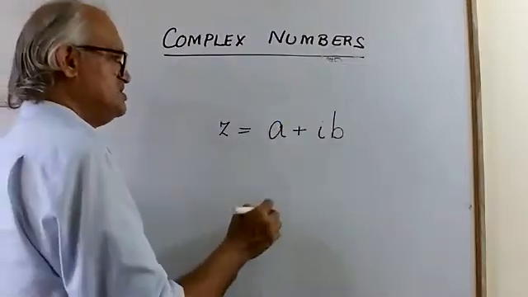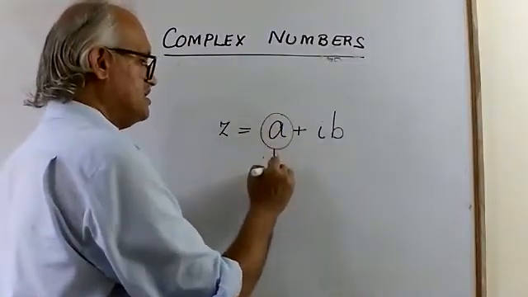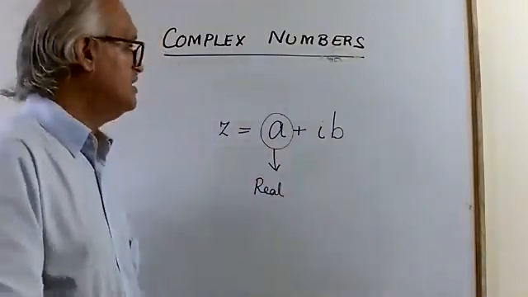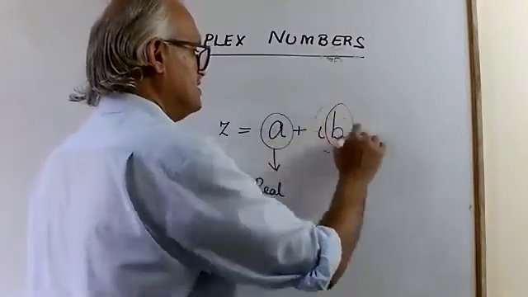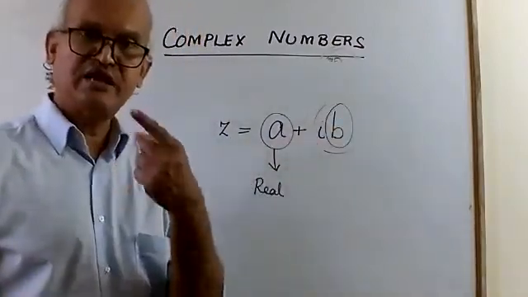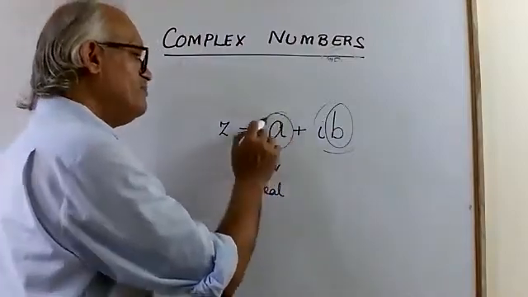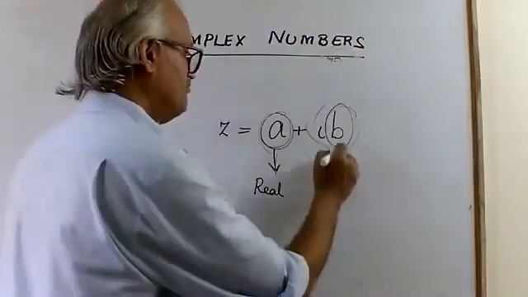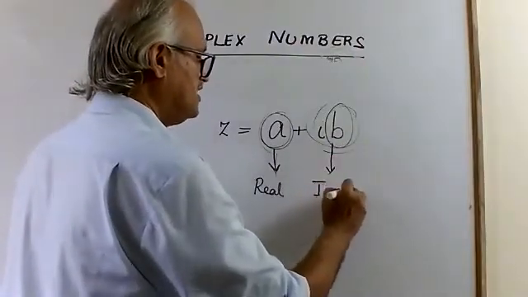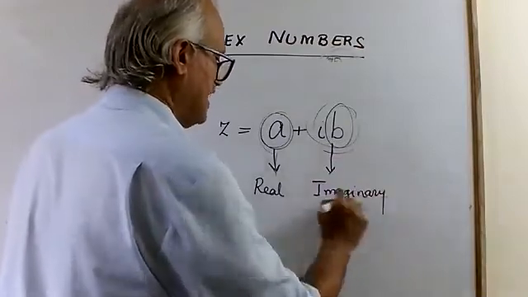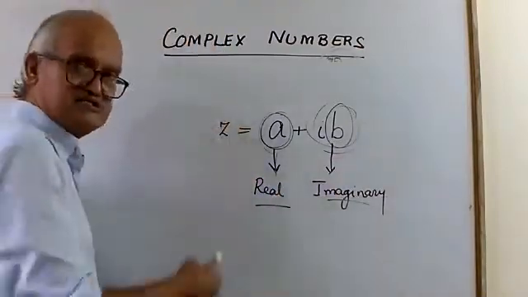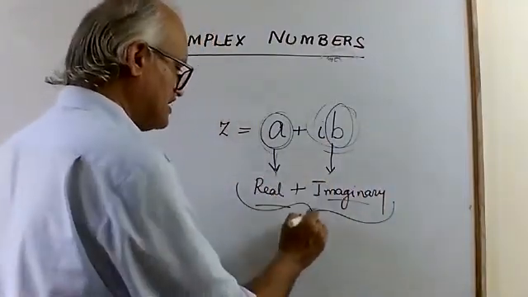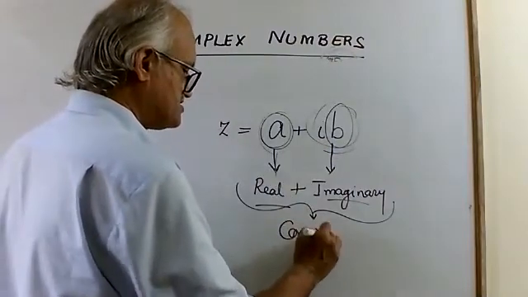In this representation, a is the real component or real part, and ib is the imaginary part. So a real part and an imaginary part, taken together, give you a complex number z.